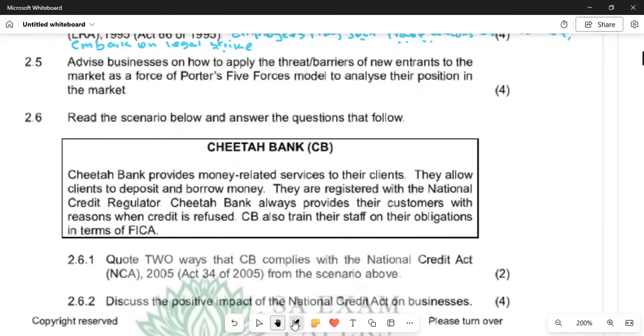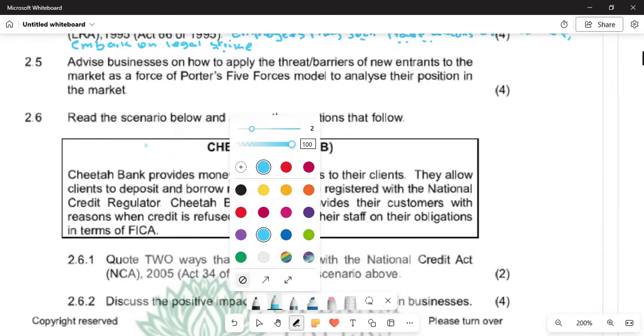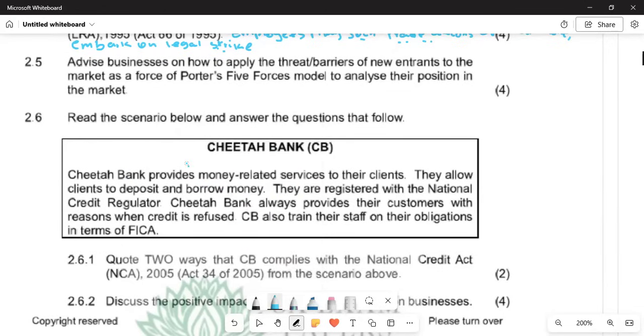So we are talking about the application of the threat of entry as a force in Porter's five forces model. That is what the question wants. So we are going to talk about the threat of entry.